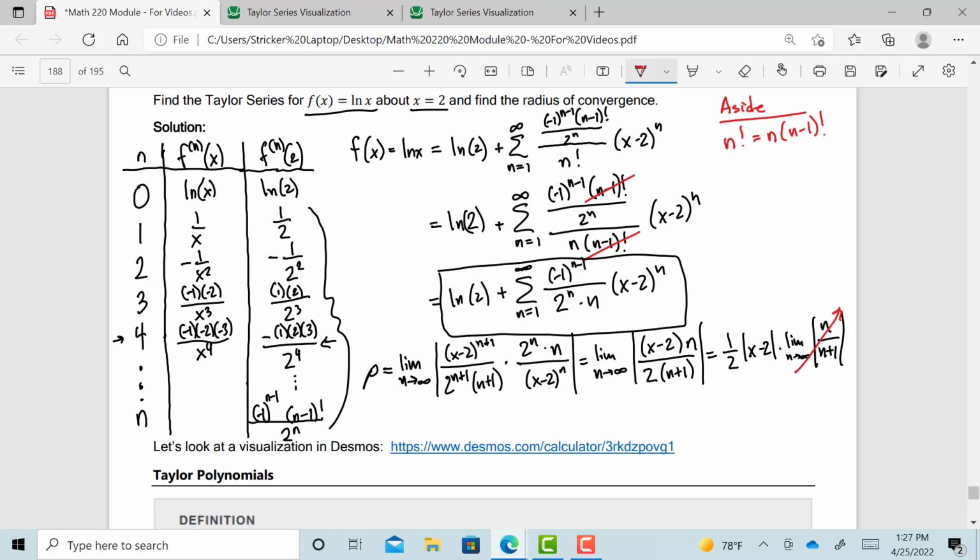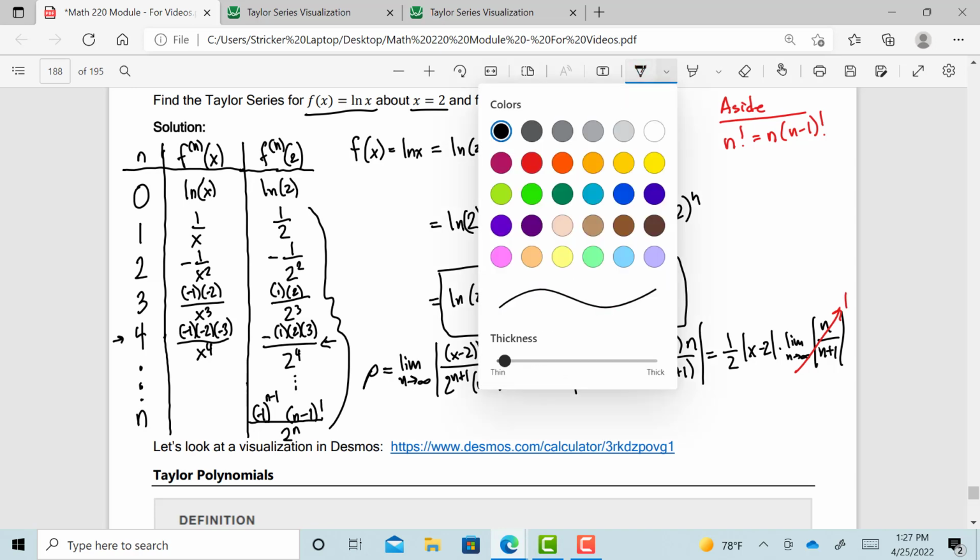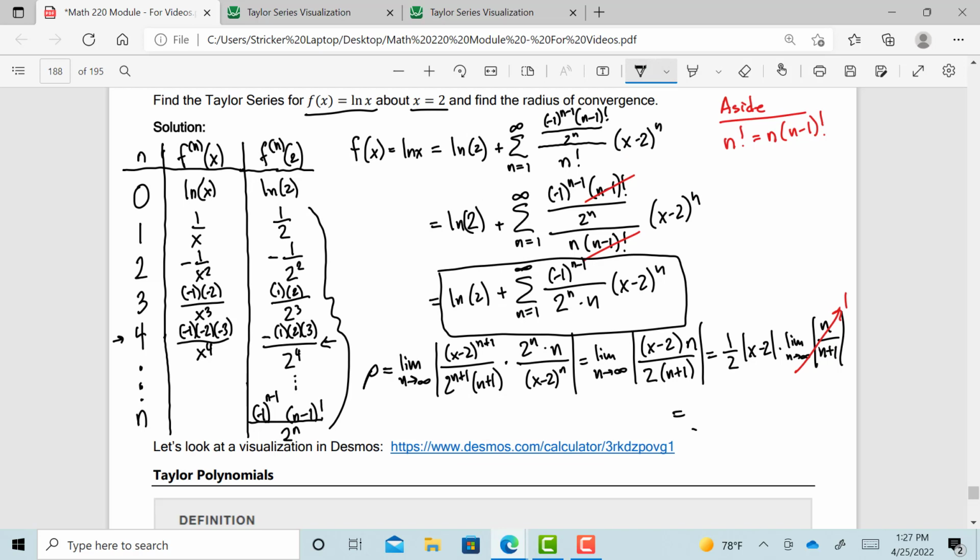That limit approaches 1. And so we end up with 1/2 times the absolute value of x minus 2. And that converges if it's less than 1, which means the absolute value of x minus 2 must be what? Absolute value of x minus 2 must be less than 2, which means r equals 2. So our radius of convergence is 2.